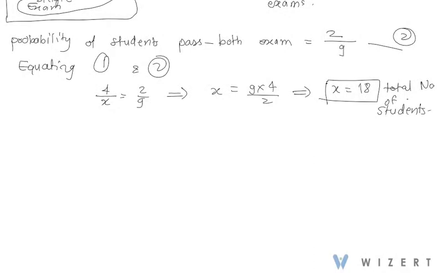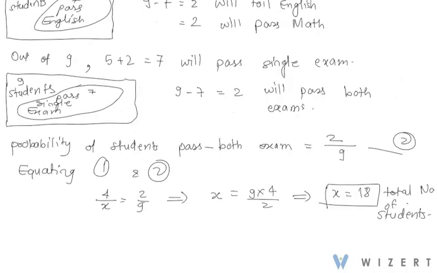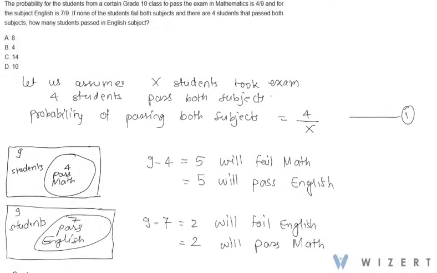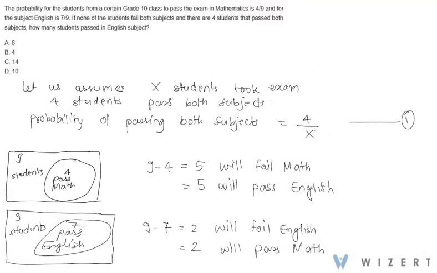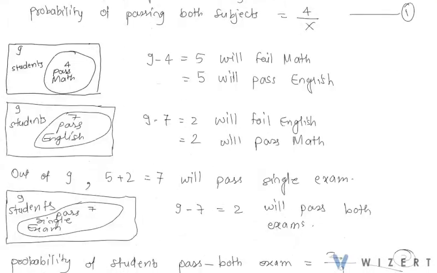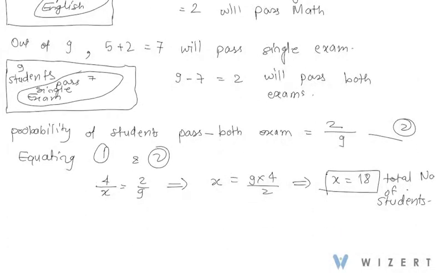is x. Now we are asked what is the number of students who passed English subject. So probability of passing English subject is 7 by 9. So what we can do? Number of students who pass English is given by probability of students who pass English multiplied by total number of students.